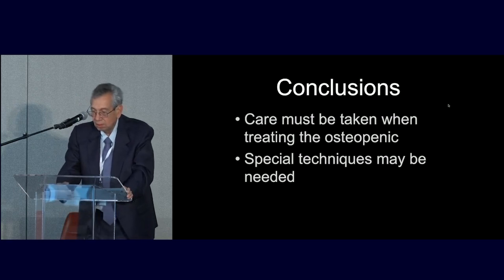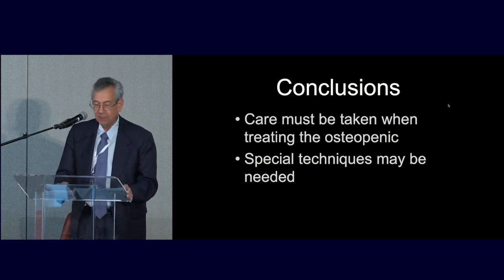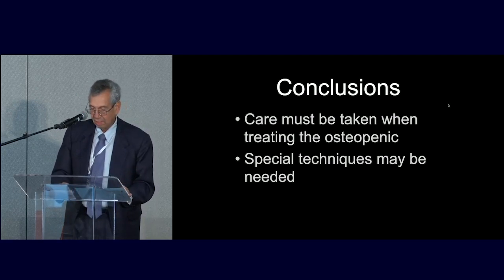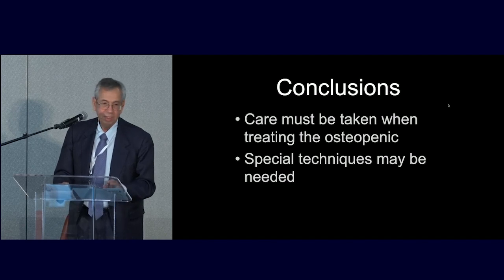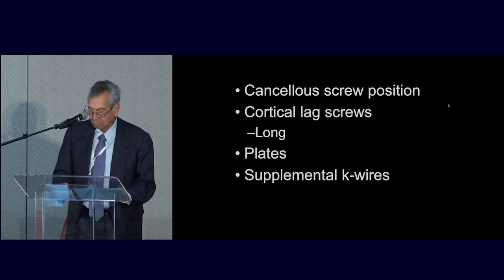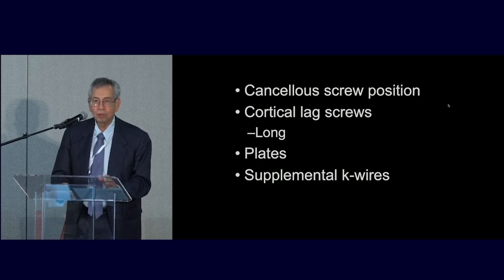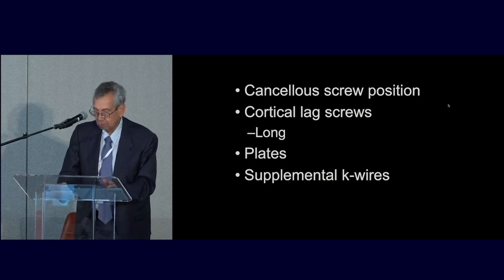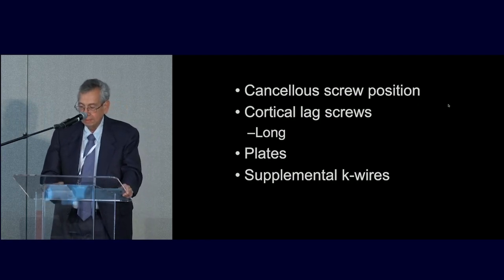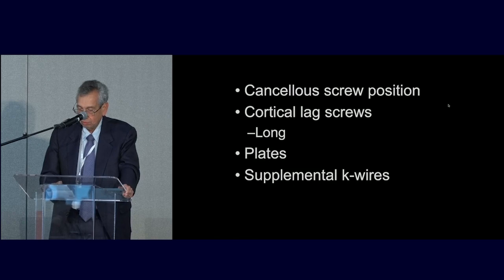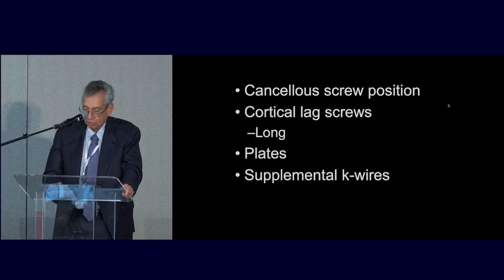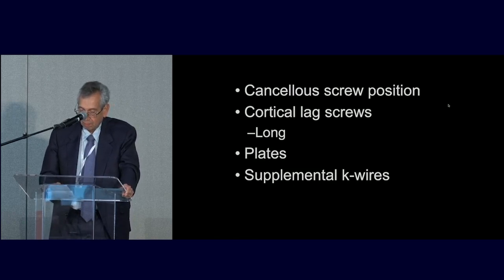In conclusion, care must be taken when treating osteopenic patients, and special techniques may be needed. We have different instruments to control this bone: the cancellous screw positions, the cortical lag screw, long plates, and supplementary K-wires.